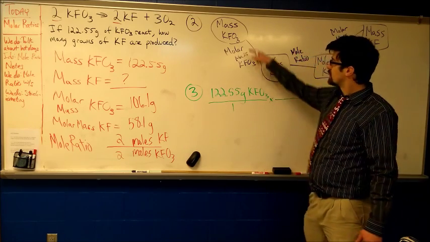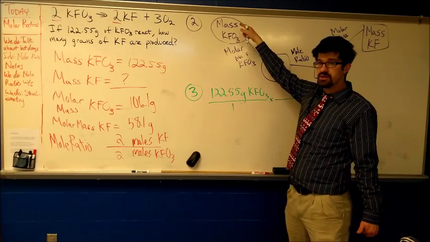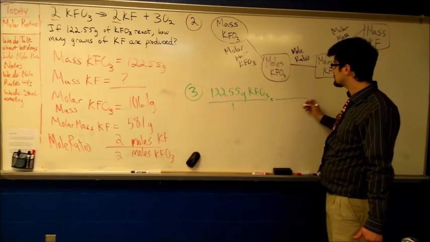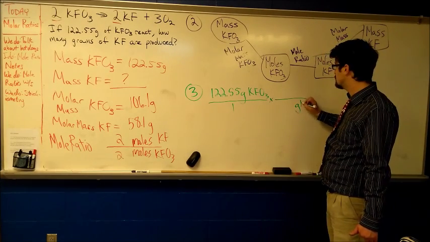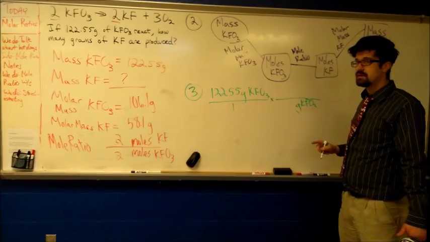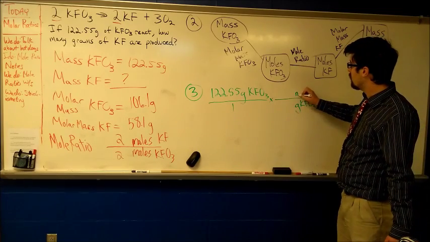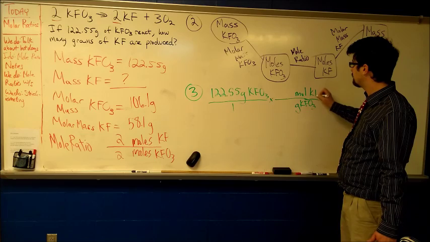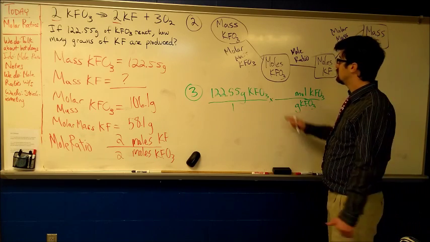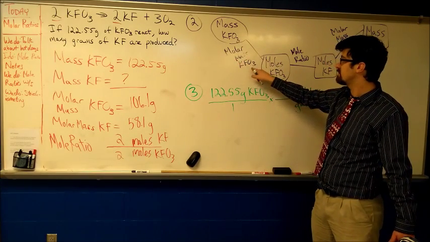So, we're going from mass to moles. So whatever unit we're starting with, we'll put on the bottom of the next conversion. So I'll put grams of KFO3 down here, and I'm trying to get to moles of KFO3, so I'm going to put moles of KFO3 up top. And I said right here, we're going to use the molar mass of KFO3.